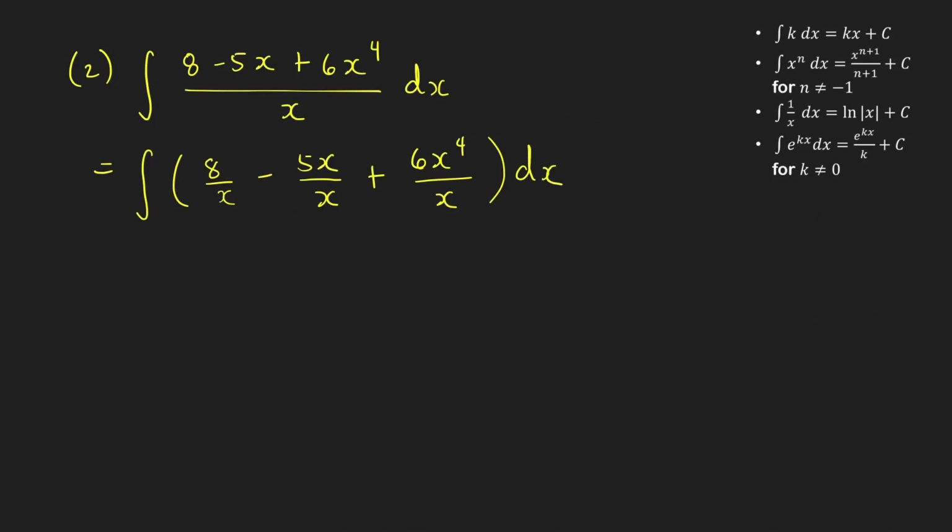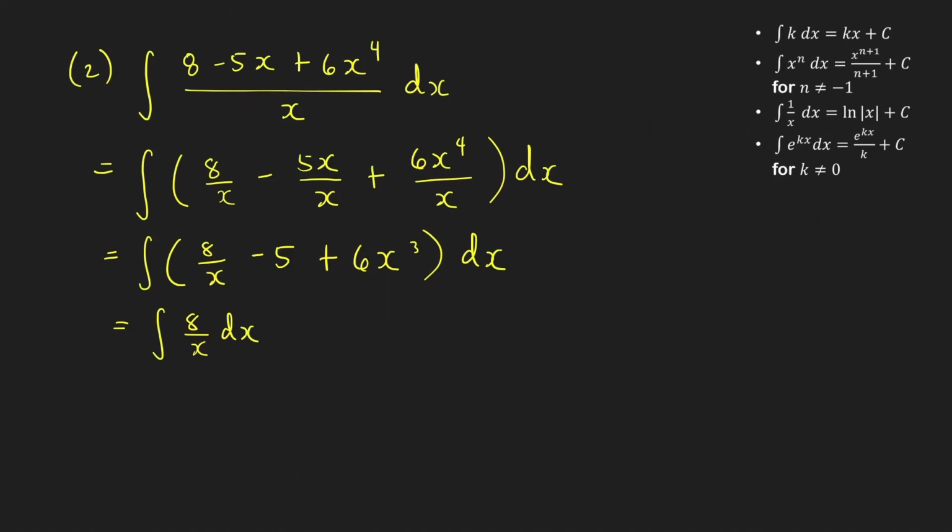We can now write our integrand as 8 over x, minus 5, plus 6x cubed. And using the second property of anti-differentiation, we can write this down as the integral of 8 over x dx, minus the integral of 5 dx, plus the integral of 6x cubed dx.